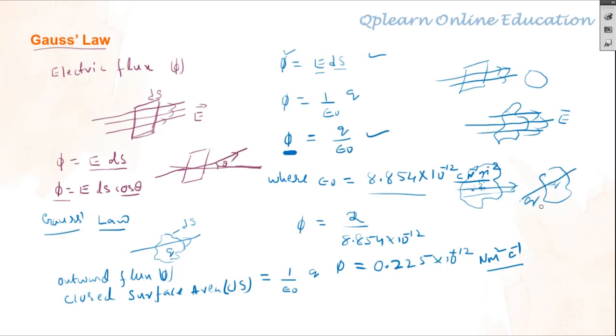The outward flux is exactly equal to this. That is called Gauss law.